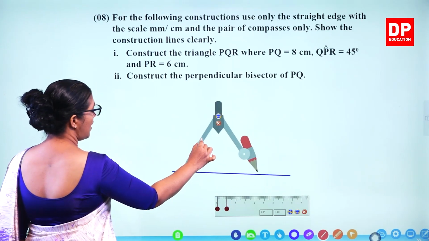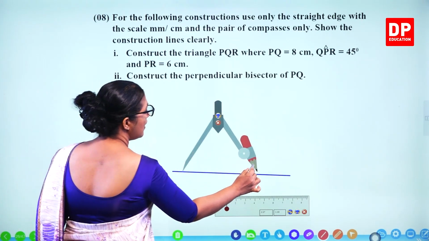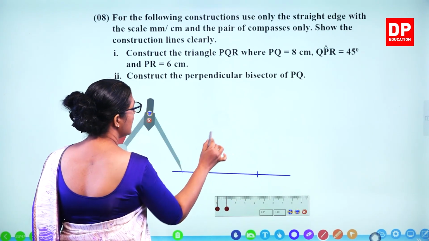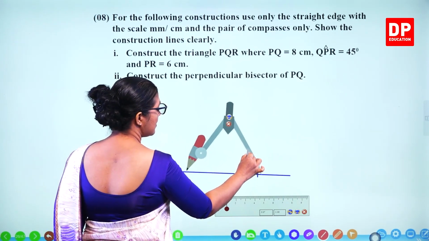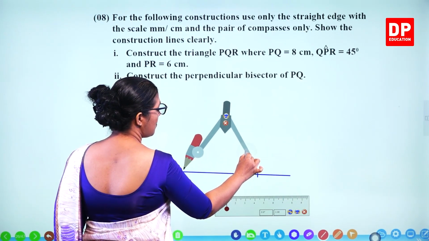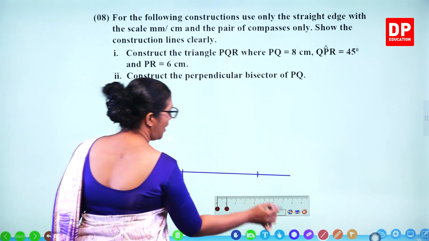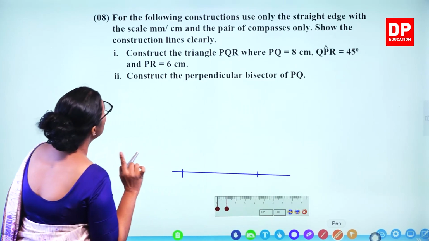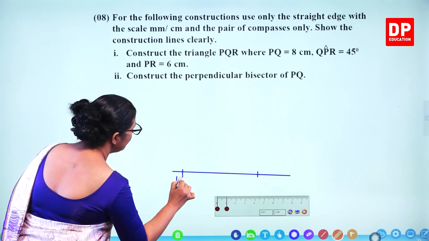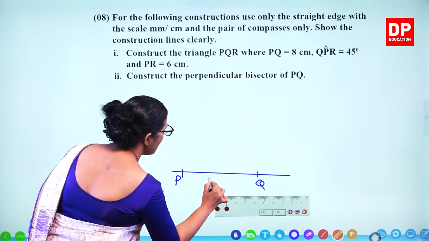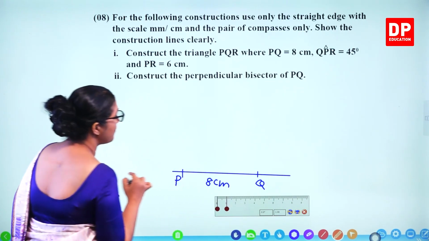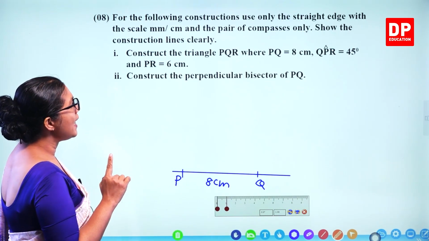And you can keep that length on top of the line, mark this point and mark the other point as well. And you have to label it as PQ. That's 8 centimeters.